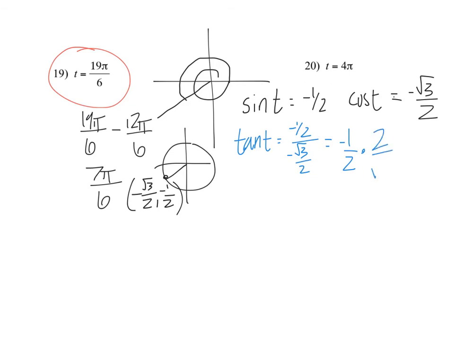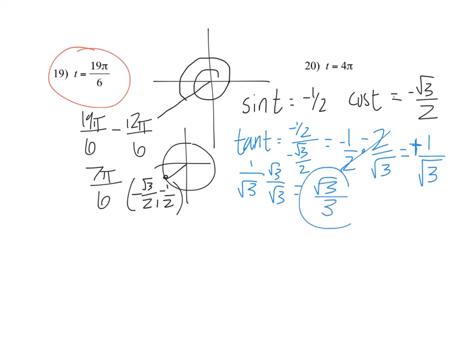So reciprocate the denominator. They don't cancel, they divide to get 1. And actually, since both of those were negative, my answer is positive. And if I multiply it by square root of 3 over square root of 3, I get square root of 3 over 3 for tangent.